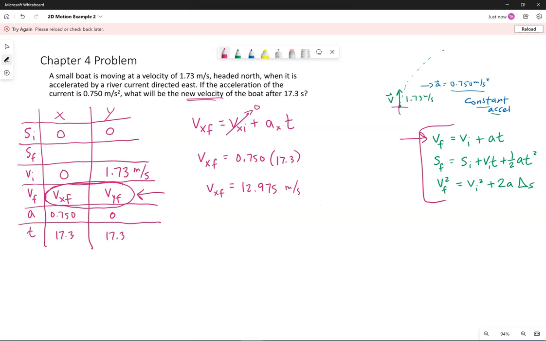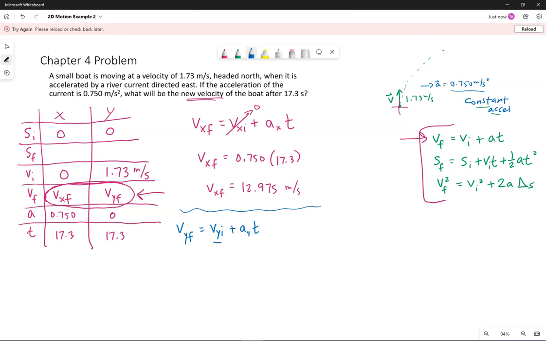So the boat does have a velocity towards the east, finally, but it will also have a velocity towards the north when I look at the same equation, but for the y direction specifically.